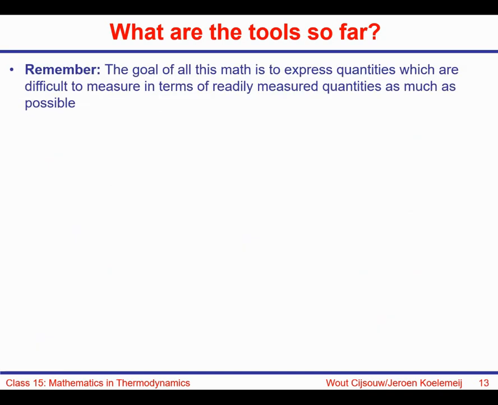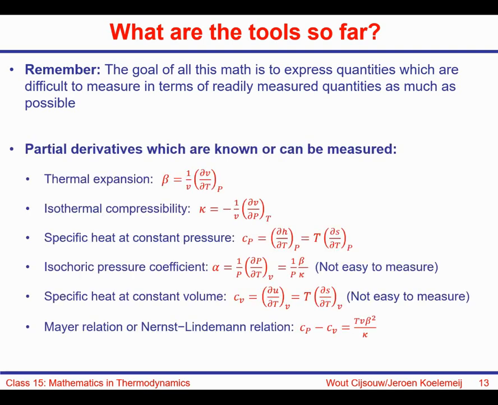Now, the goal of all this was to primarily express quantities which are difficult to measure in terms of quantities that are readily measured. And today we saw a few interesting examples of that.